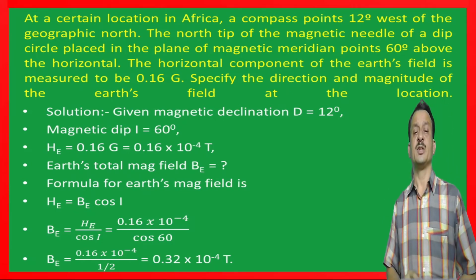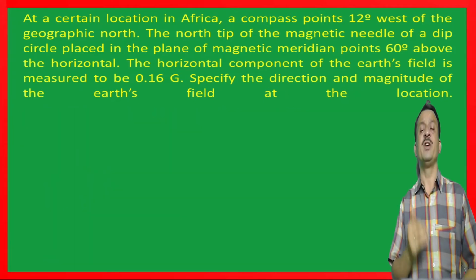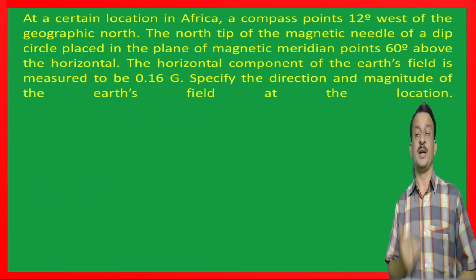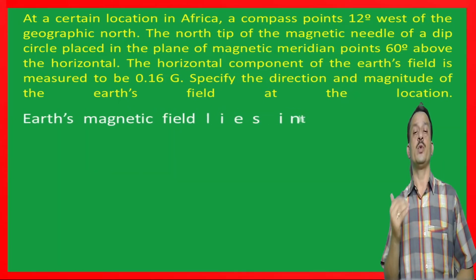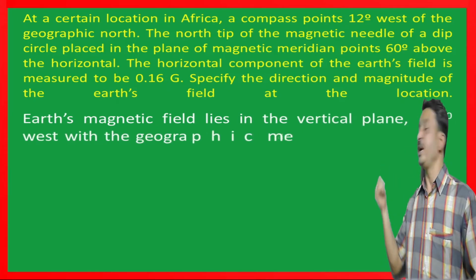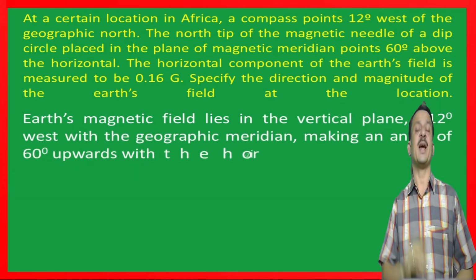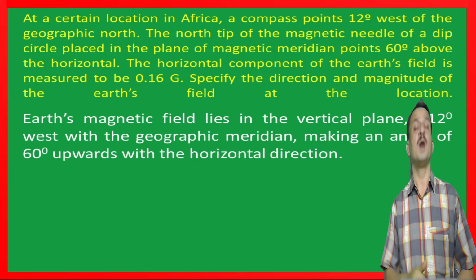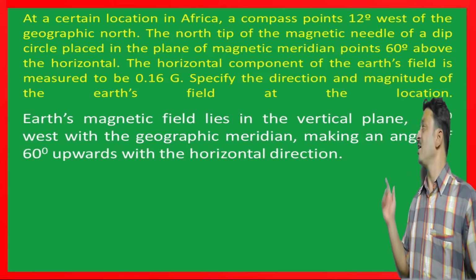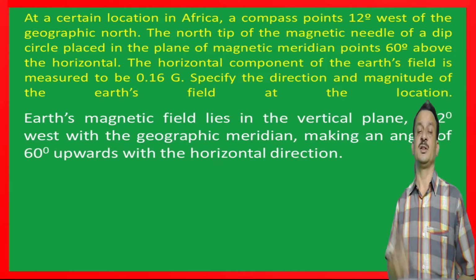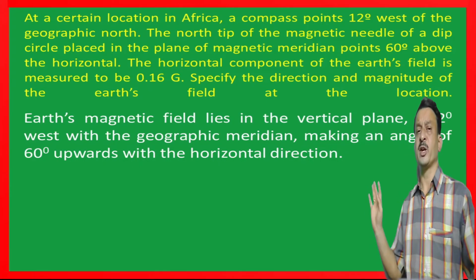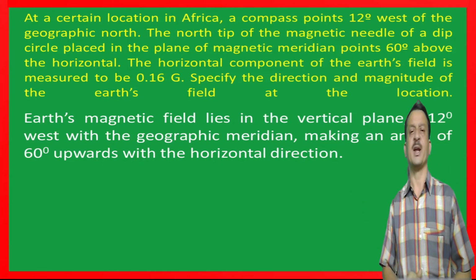Next, Earth's magnetic field lies in the vertical plane, 12 degree west of the geographic meridian, making an angle of 60 degree upwards with the horizontal direction. Now that is the magnitude and the direction of that magnetic field. Next problem.